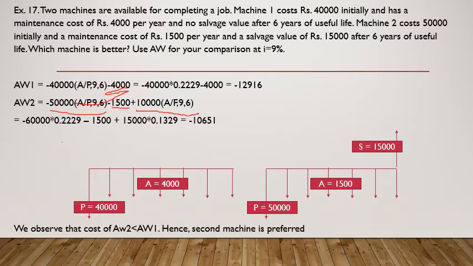And we can observe that both of them are costs here. That particular asset which gives me the lesser burden, in case of both assets being costs, will be selected. In this case, machine 2 is less costly, and that's why I prefer machine 2.